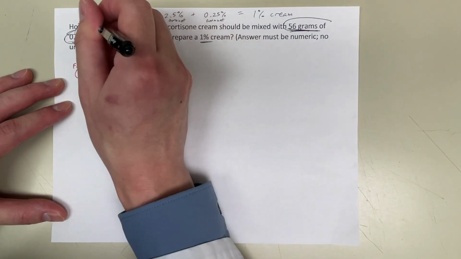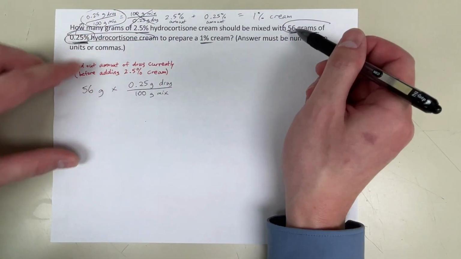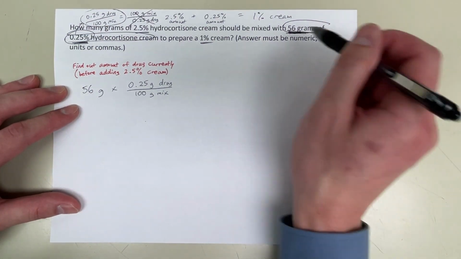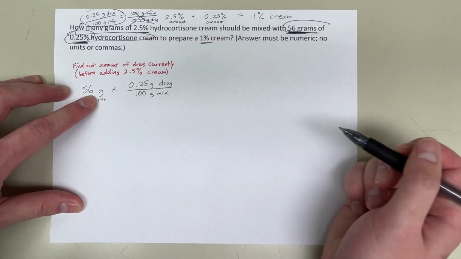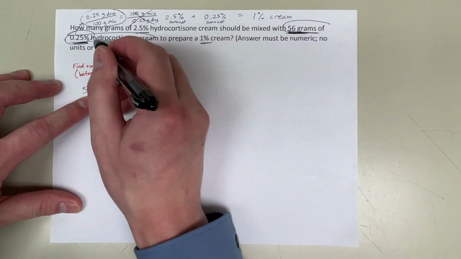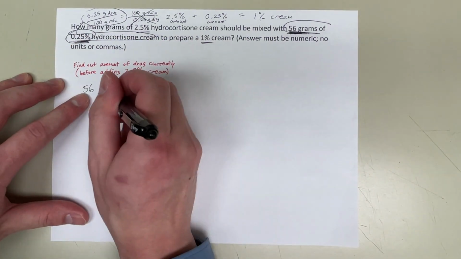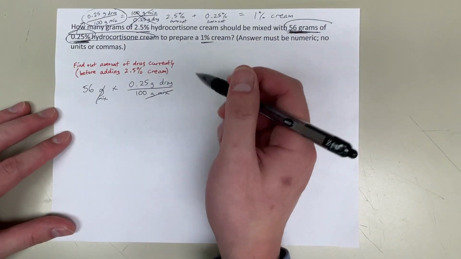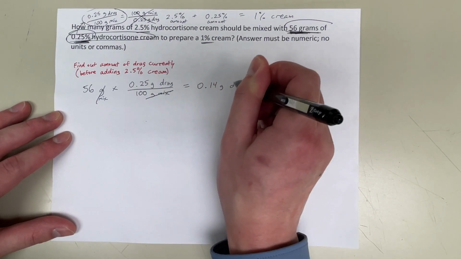The reason I know to use this one is because I want the grams of mix in the denominator, because that's the total amount of everything we have. This 56 grams is really 56 grams of the mix, because that's the total amount of the cream. And then we want to calculate the amount of drug. That's why I do it like this, because I want grams of mix to cancel out grams of mix. So that equals 0.14 grams of drug.